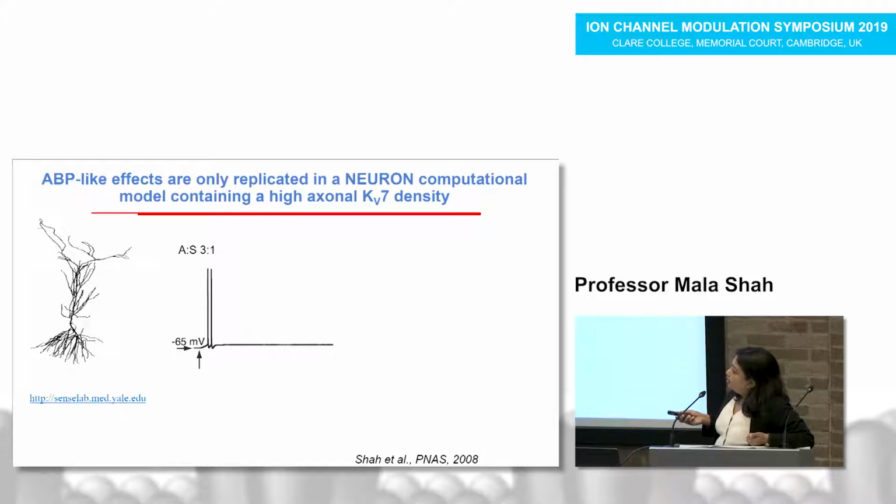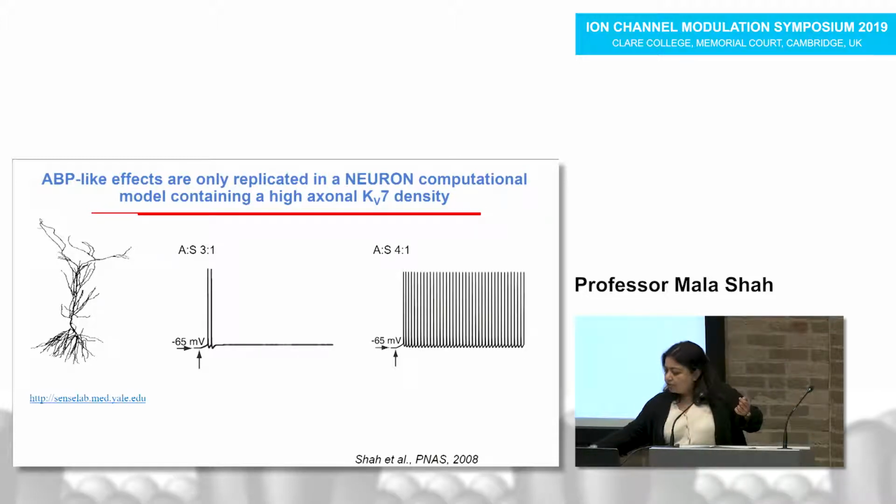And we had recorded the Kv7 current from the soma and used the biophysical properties to insert the current both in axon and soma at different densities. And when we had 3 times as much current in the axon versus the soma, you can see the membrane potential is minus 65, and if we remove the current from the axon only, you get transient action potential firing.